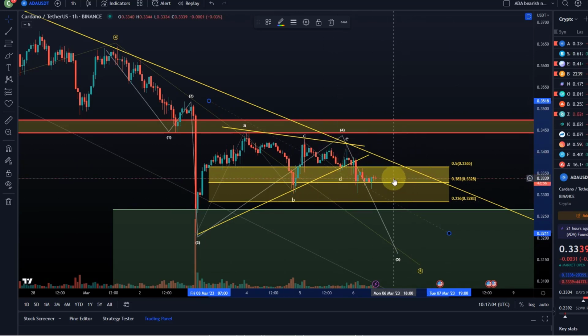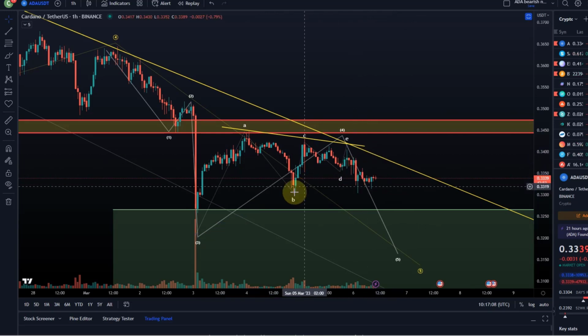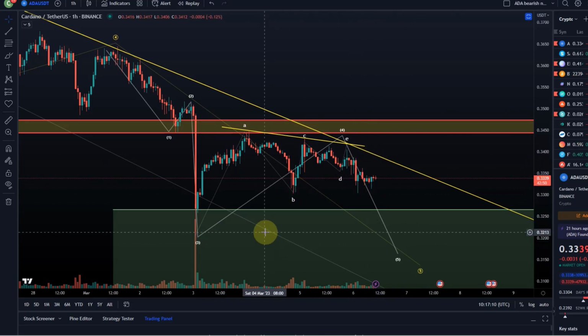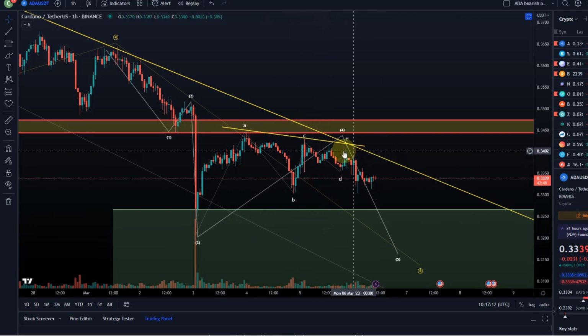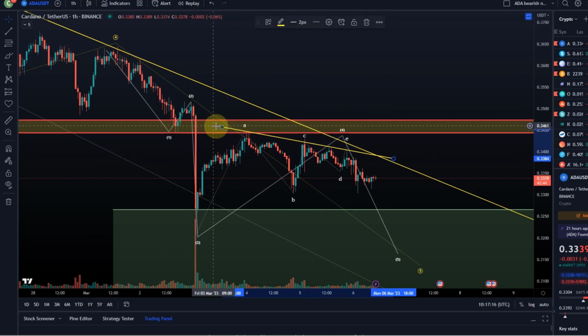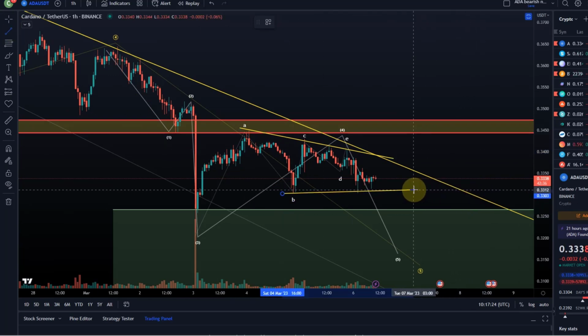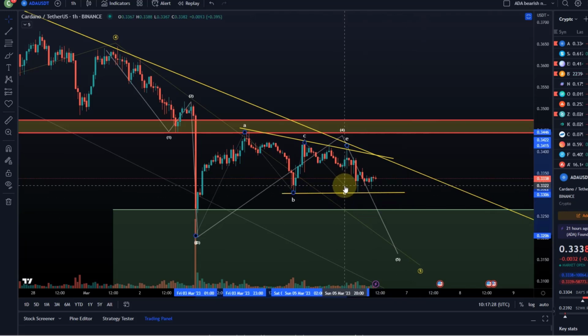So I'm considering actually a slight adjustment of the triangle and make it, instead of a so-called contracting triangle, a so-called descending triangle. In Elliott wave language, it would be called a barrier triangle, where the B wave and the D wave basically have a horizontal line. And that makes sense in a sense.